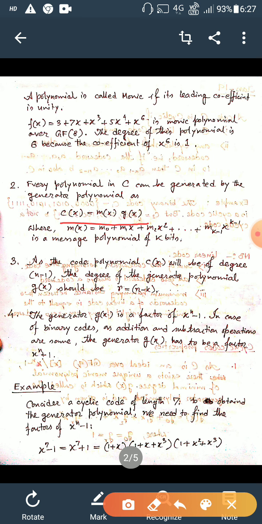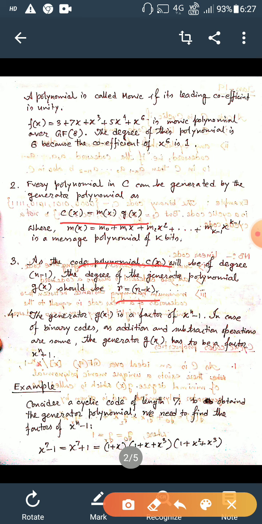Now for the third one, as the code polynomial C(x) will be of degree n minus 1, the degree of the generator polynomial g(x) should be r, where r is equal to n minus k.